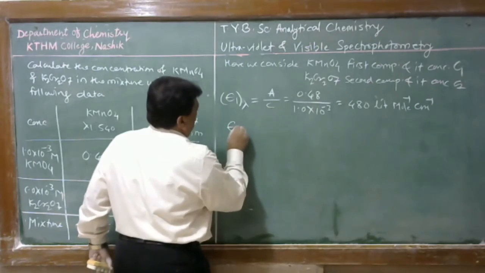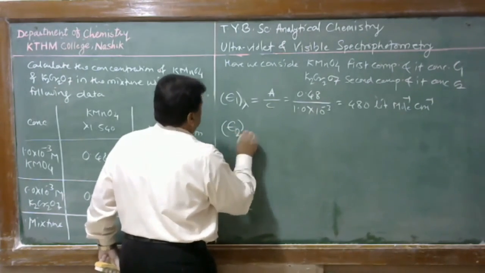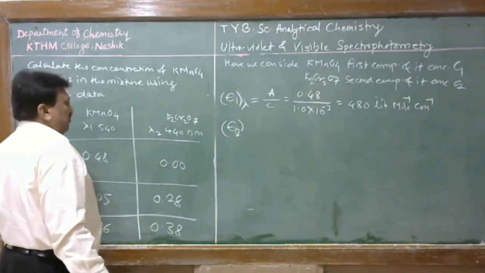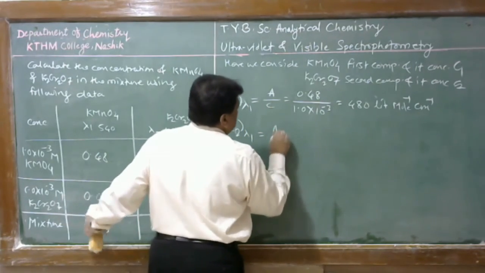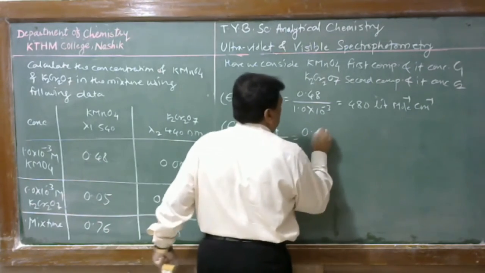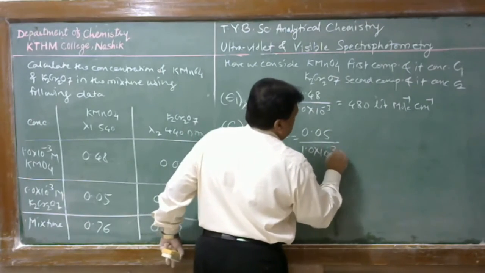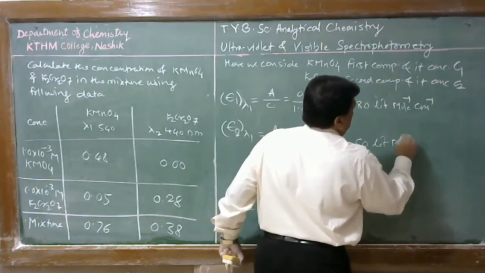Similarly, epsilon 2 at lambda 1, that means at 540 for the second component, is again A upon C. The absorbance is 0.05 divided by 1.0 into 10 raised to minus 3, which is 50 liter per mole per centimeter.